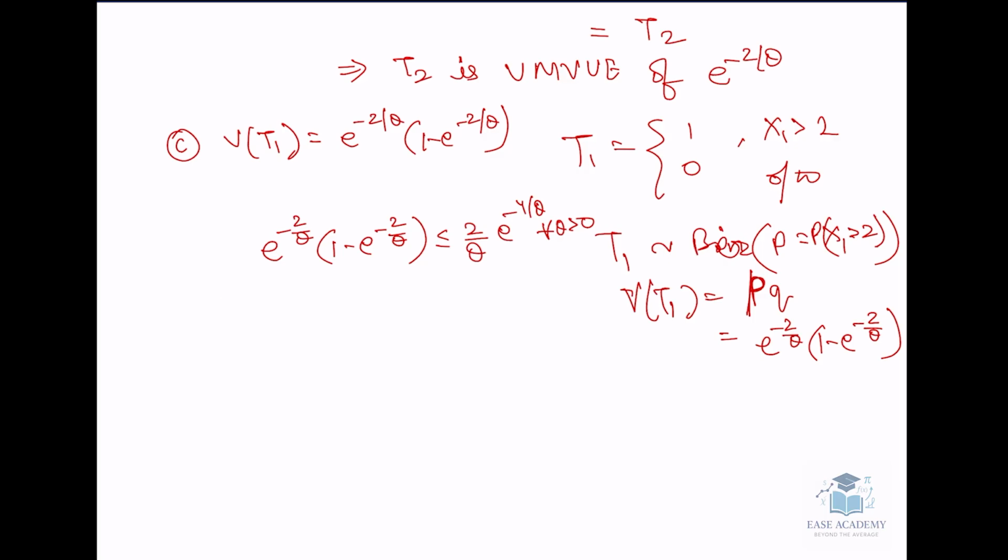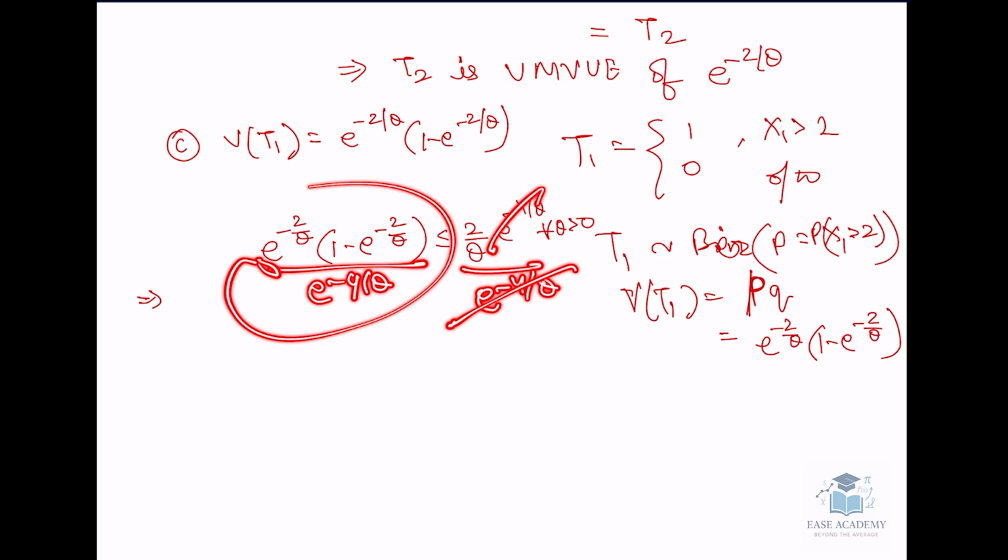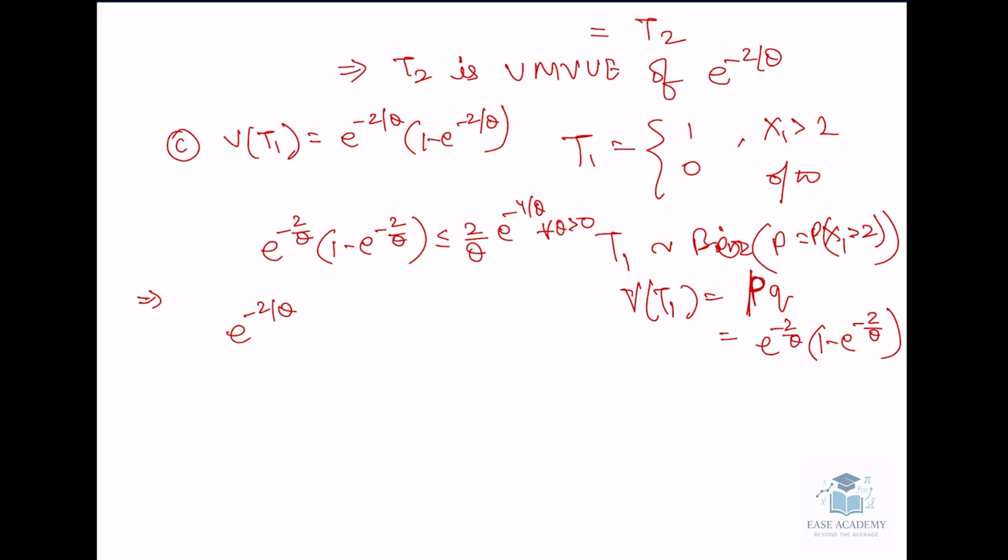So if this is true, we can divide by e to the power minus 4 by theta on both sides, and this will cancel out. So we get e to the power minus 2 by theta times 1 minus e to the power minus 2 by theta times e to the power 4 by theta less than or equal to 2 by theta.